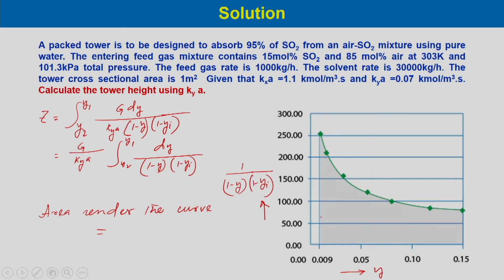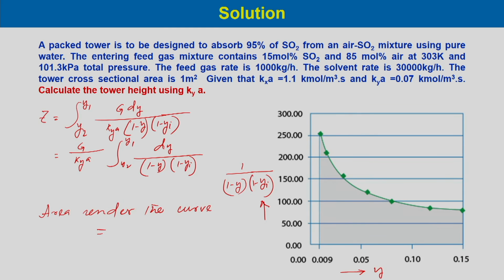Many methods you have learned apply here: the trapezoidal rule, Simpson's 1/3 rule, Simpson's 3/8 rule. You can use any one of them, looking at the pattern of the plot. Typically the area under the curve would be 16.5. So, we know the value of this integral.